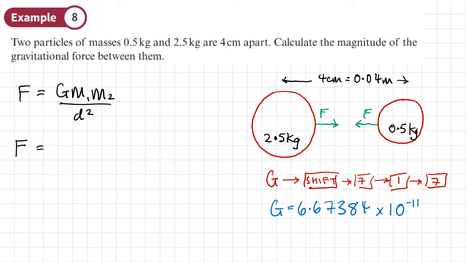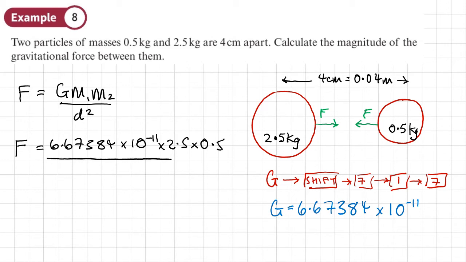So that can go in my calculation: 6.67384 times 10 to the power minus 11, times my mass 1, 2.5, times my mass 2, 0.5, divided by my distance squared, which is 0.04 squared, and then we just stick that in the calculator and see what we get.